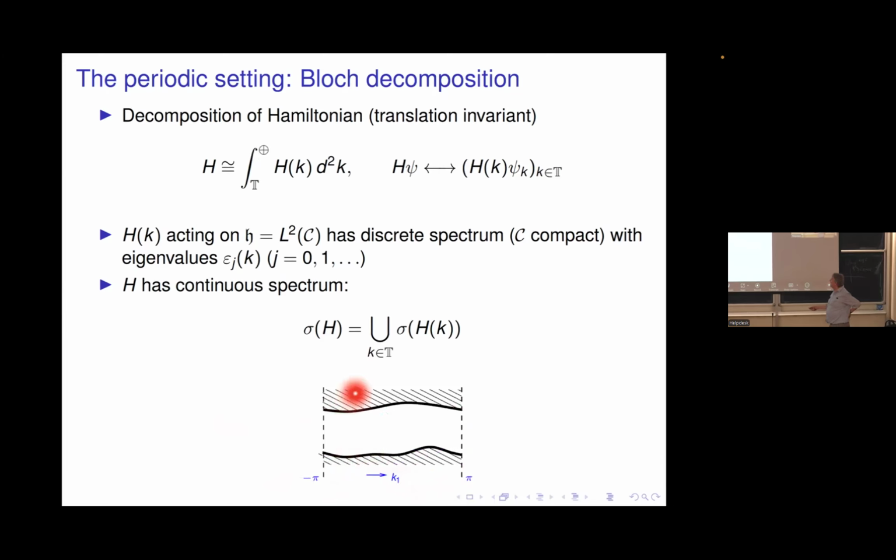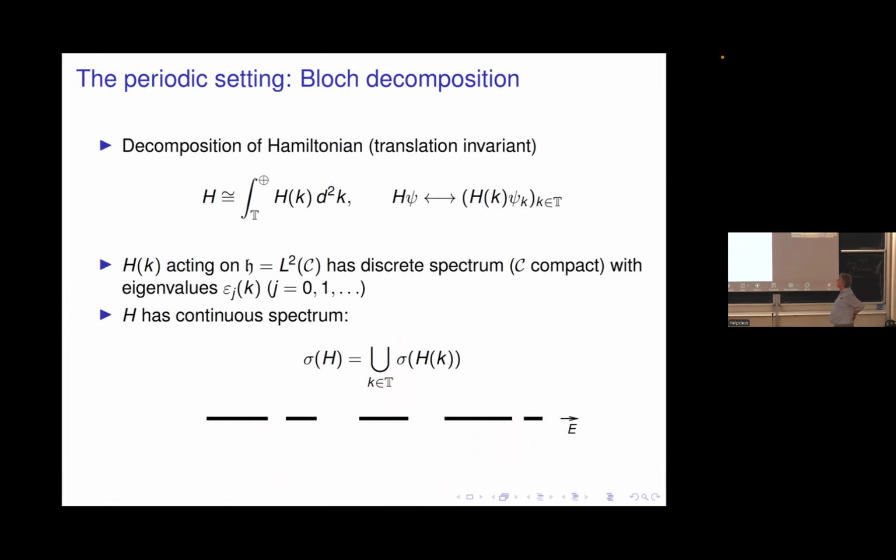So here we collect some of the discrete eigenvalues for different k2, but it's still separated, at least in this example, by a gap. But then we can also project in the remaining direction k1, and then we get intervals and gaps. So that's the typical spectrum you get: bands and gaps.